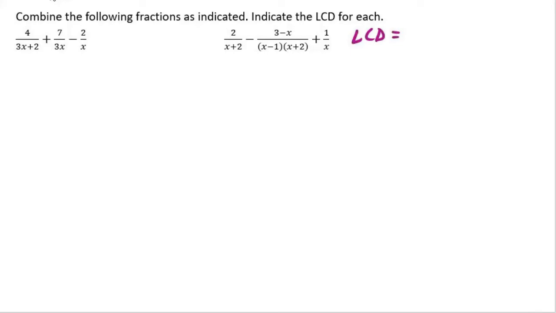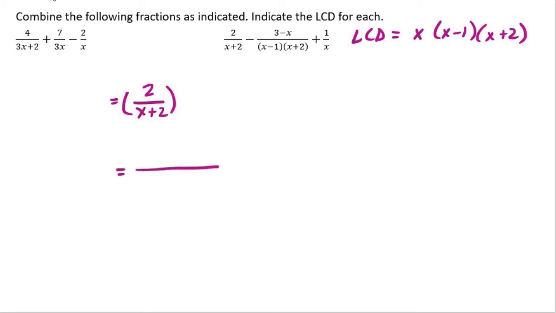The LCD here is going to be x times x minus 1 times x plus 2, if I look at the prime factors of each of the denominators. Okay, so I'll have to take 2 over x plus 2 and turn it into a fraction over x times x minus 1 times x plus 2.